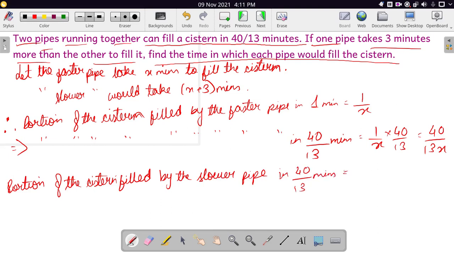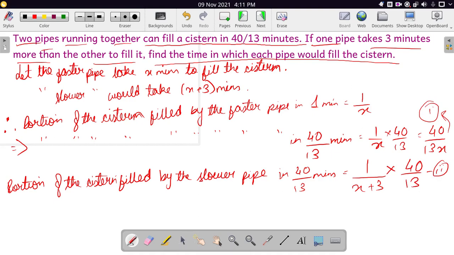It will be, again the same unitary method, 1 by x plus 3 is the portion of the cistern filled by the slower pipe in 1 minute. Now in 40 by 13 minutes it will be 40 by 13 by x plus 3. Okay, simple. Now this plus this is our equation 2, this is our equation 1.